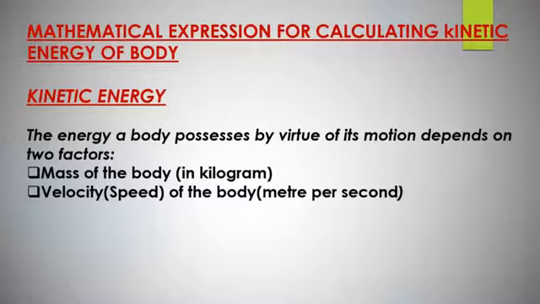And here we are looking at two of them. One, mass of the body, still measured in kilograms. Then velocity or speed of the body, measured in meters per second. So take note of these two factors.